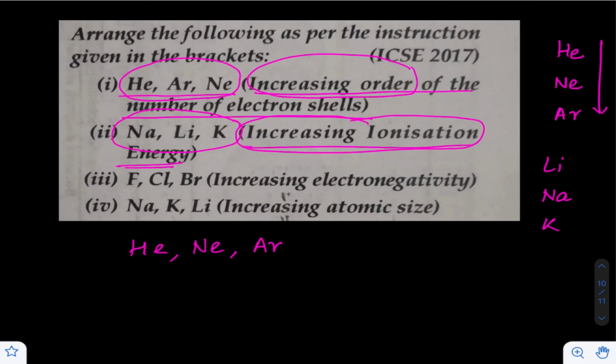Any element which can lose an electron easily will have low ionization potential. So potassium will have low ionization potential and lithium will have high, but they are asking in increasing order, so potassium will come first, then sodium, and then lithium. So this is the answer of the second part. In the same way we can solve the third and fourth parts.